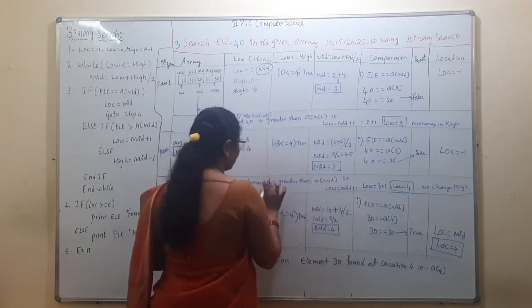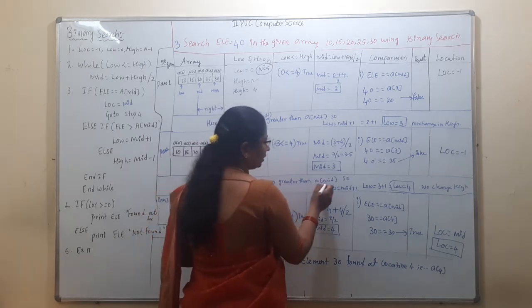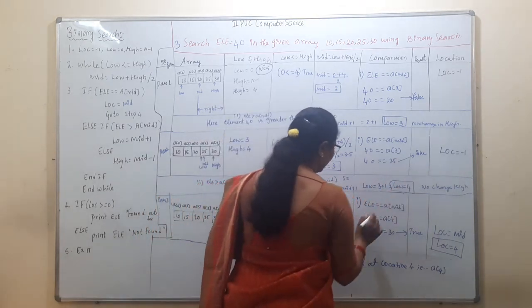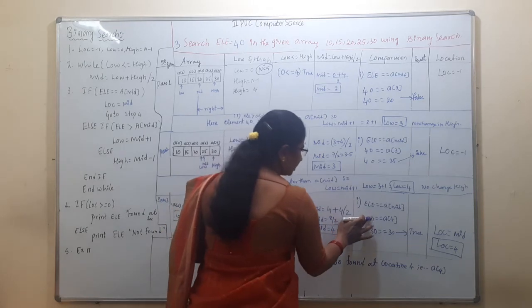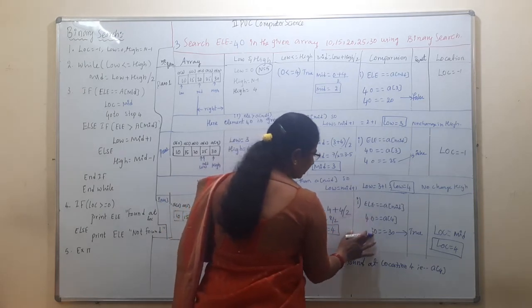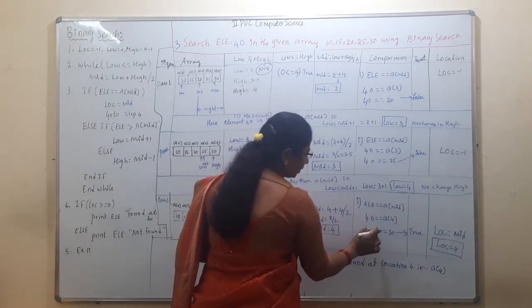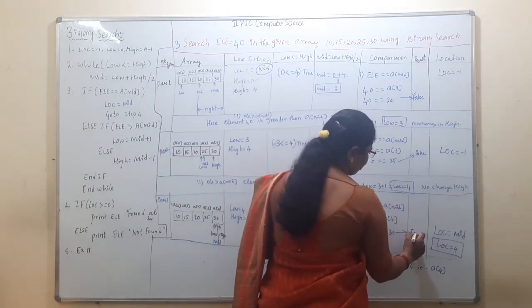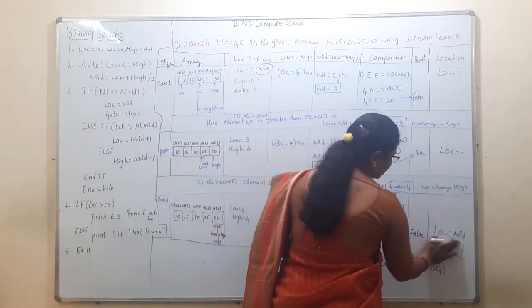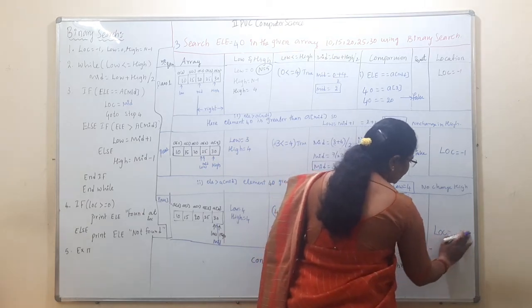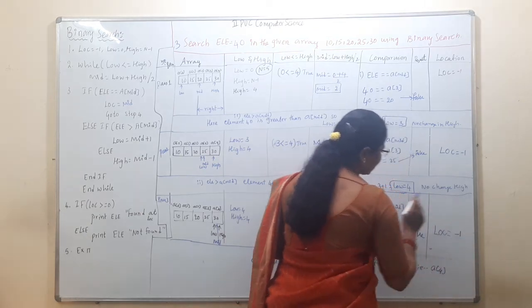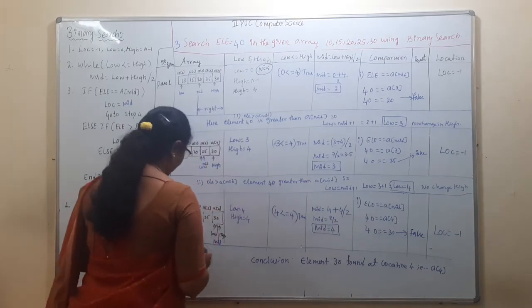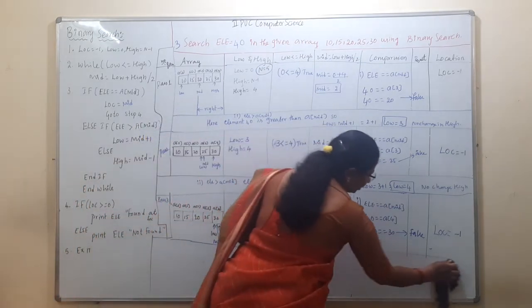Then searching element 40 is greater than the A of mid, so change the pointers. Then here, searching element 40 is equal to 30? No, condition is false. Location, is there any change in the location? Location remains -1. Then we need to continue.